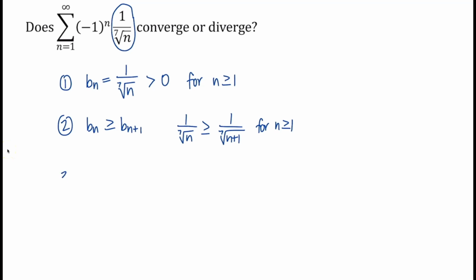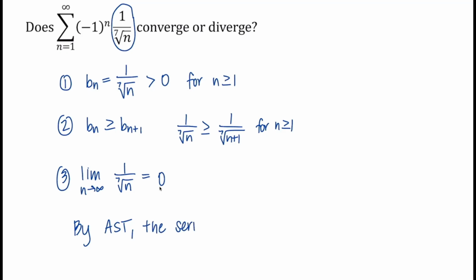Now, the third condition is that the limit as n approaches infinity of b sub n, or 1 over the 7th root of n, must equal 0. And here, again, because the top is constant and the bottom is a function of n that's just getting bigger, the overall limit does go to 0. So we can conclude by the alternating series test, which I'm going to abbreviate AST, the series converges.